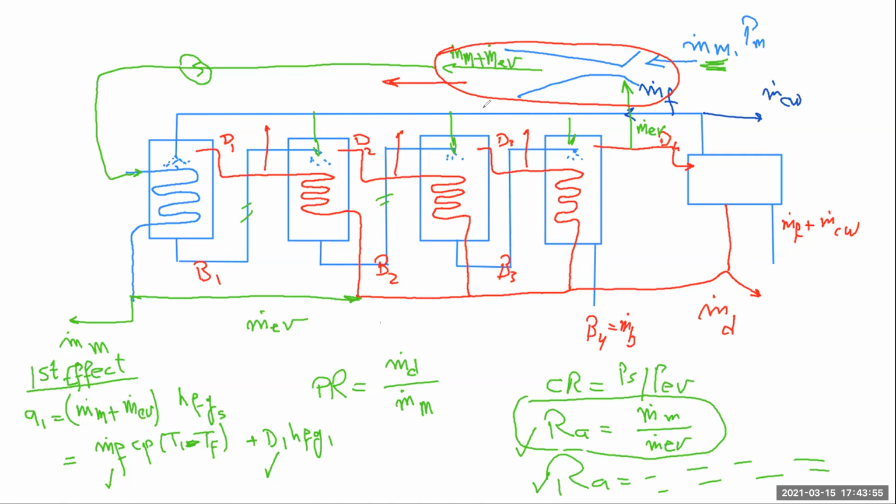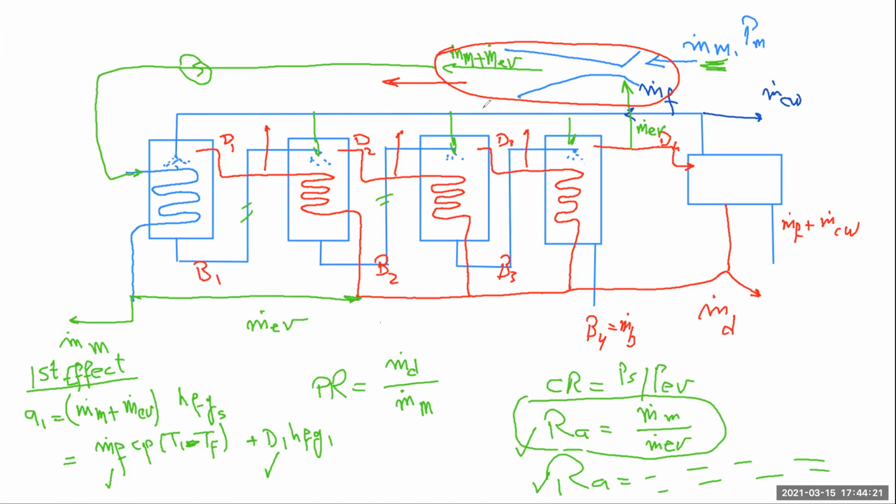So we found out upon doing the analysis that the best case is to put your ejector to receive entrained vapor at the middle of the MED. So if you are talking about an 8-effect system, maybe effect number 4 or 5. If it's a 12-effect system, it's maybe number 6 or 7.